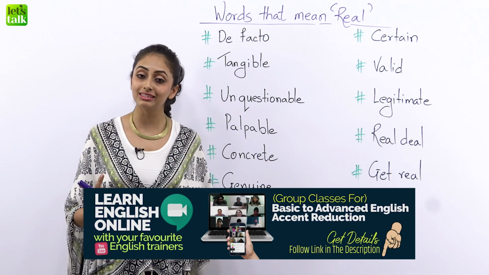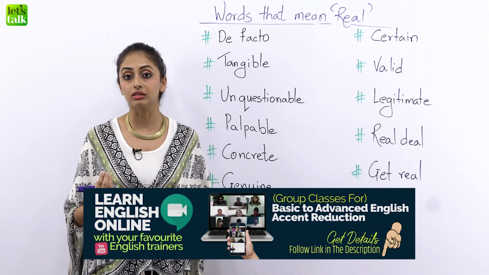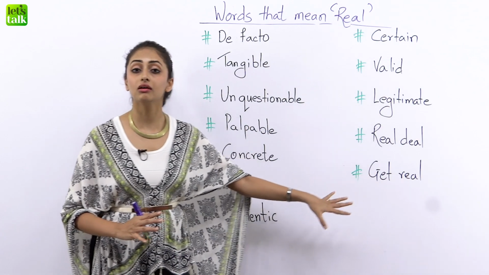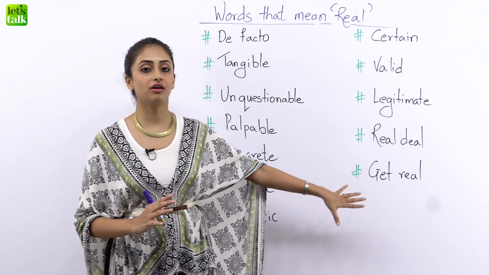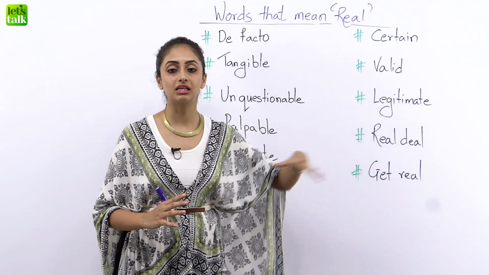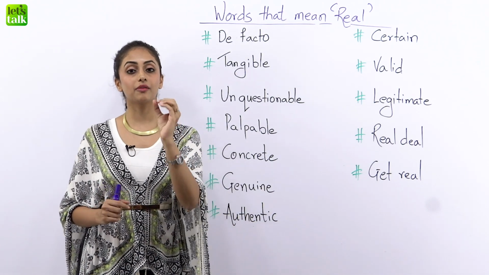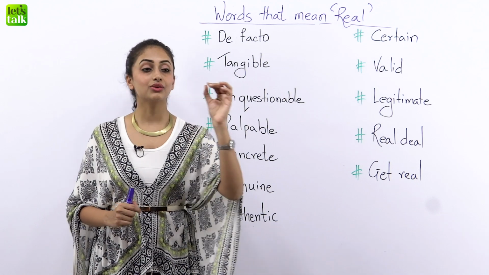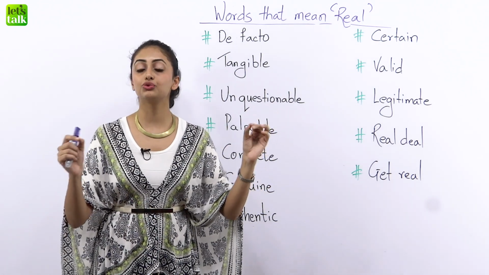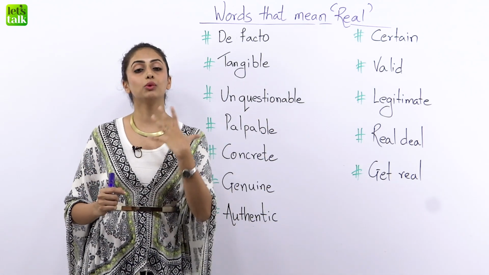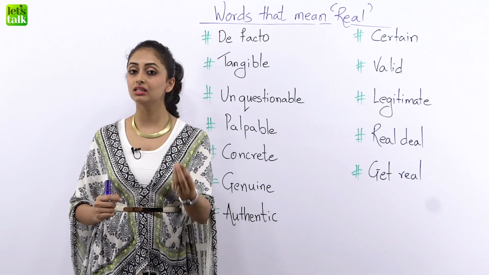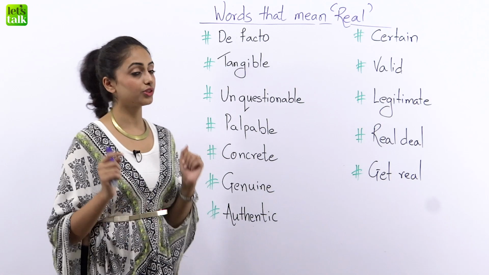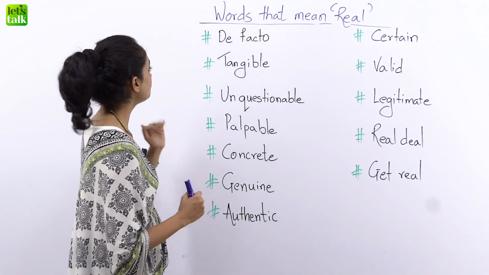But all these words right here actually are just different words used to describe the word real. Like I said, the correct word for the correct situation, especially when we want to identify something as the real thing. Okay, so let us begin the class with the first word as de facto.